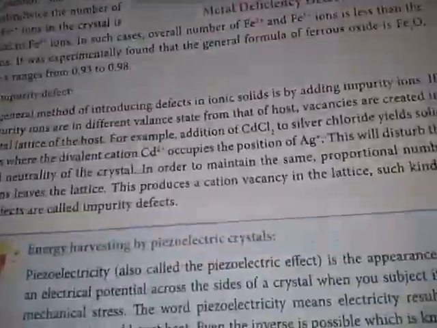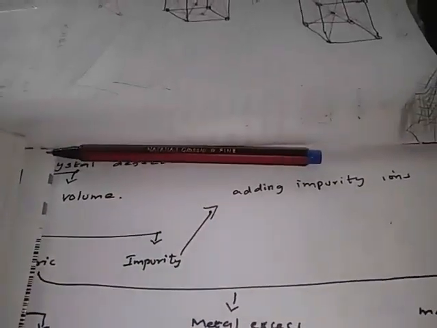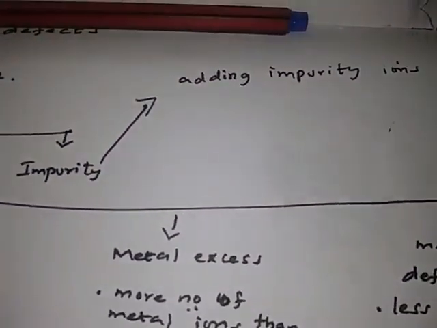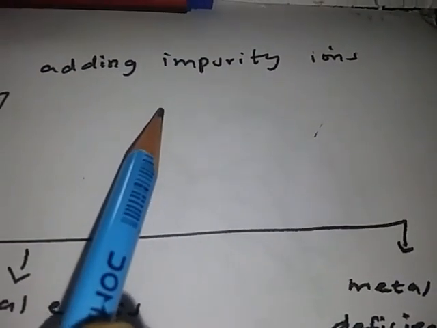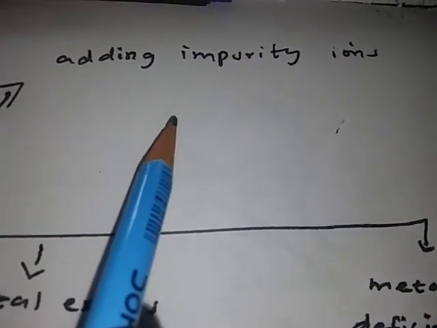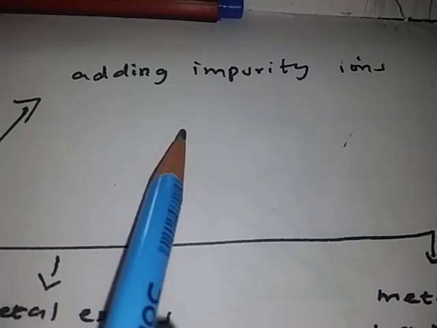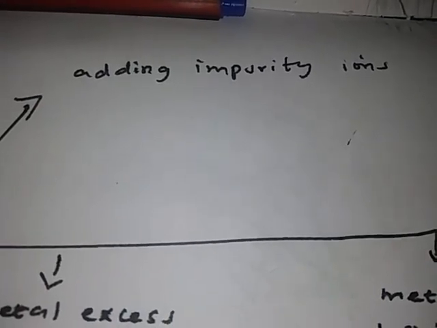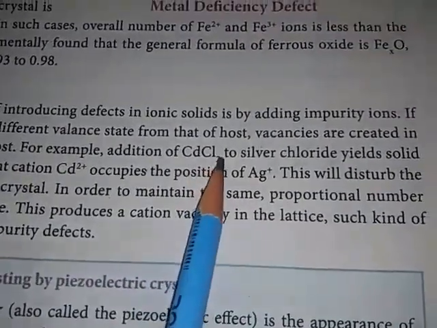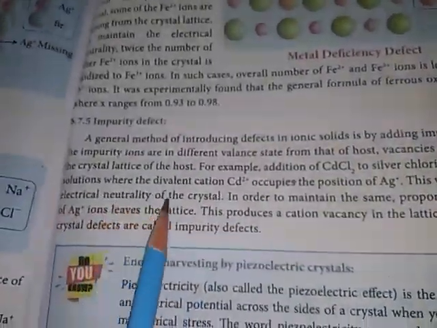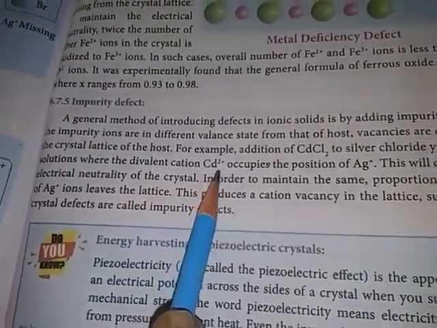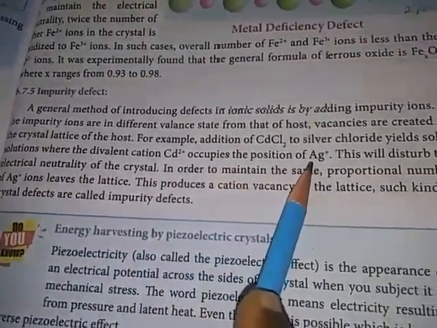The next point defect is the impurity defect. In this defect, we are adding impurity to the ions, and vacancies will be created in the crystal lattice. For example, when cadmium chloride is added to silver chloride, it yields solid solutions with divalent Cd2 plus cations. It occupies the position of Ag plus ions.